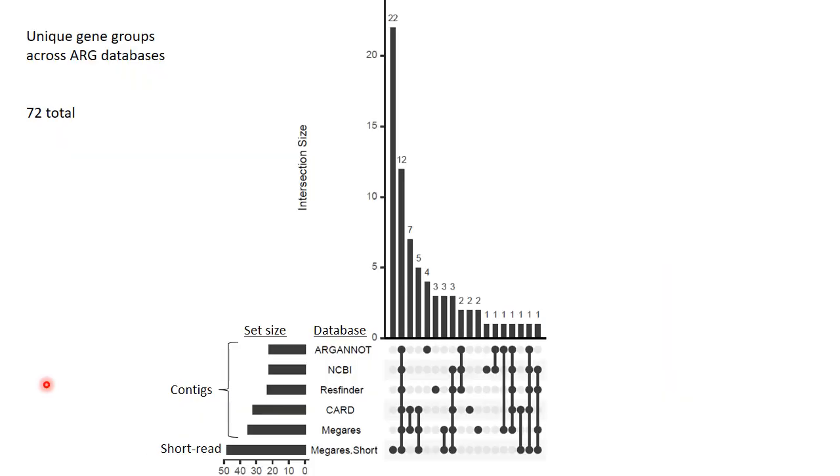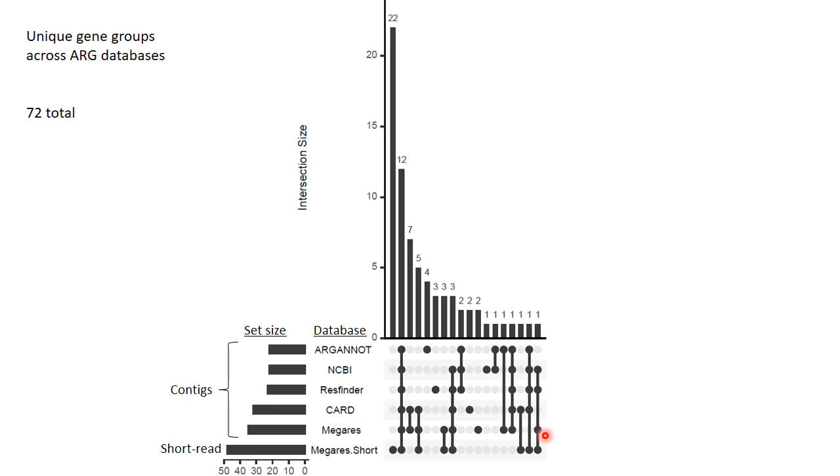For the contigs, we ran Abricate for ARG detection not only against the MegaRes database, but also against the 4 other ARG databases from which the core of MegaRes was compiled. Here we compare the intersection of unique gene groups across the contig Abricate results and the short read results. The bars show the number of gene groups within the intersection indicated by the bubble lines underneath.